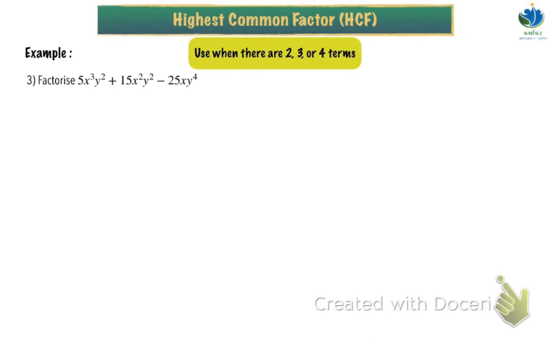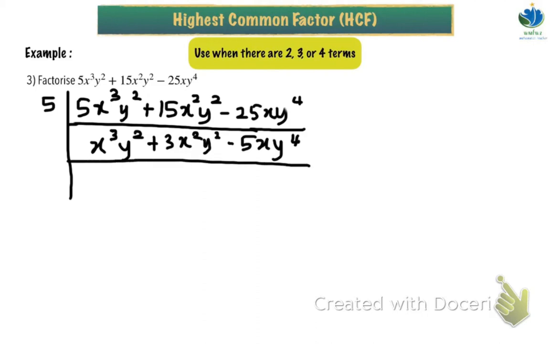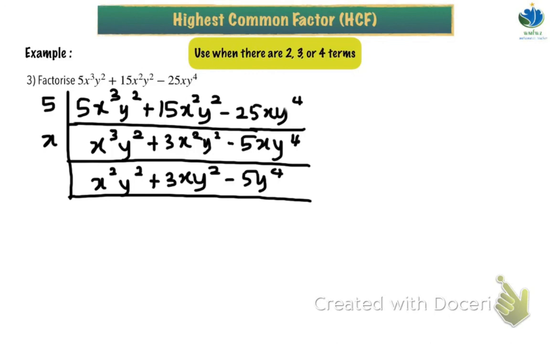Example 3. Factorize 5x cubed y squared plus 15x squared y squared minus 25x y to the power of 4. So to solve this question, we use repeated division. As you can see here, the coefficients 5, 15 and 25 can be divided by 5. So we divide by 5. Next, we see the lowest power of x is x to the power of 1, so divide by x only. Next, the lowest power of y is y to the power of 2, so divide by y squared.